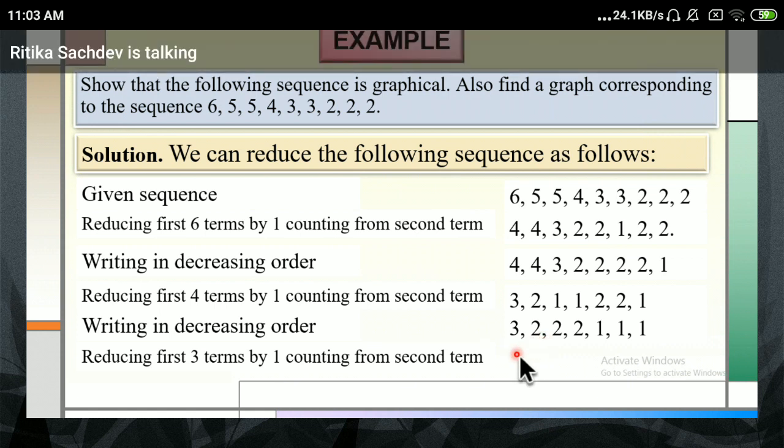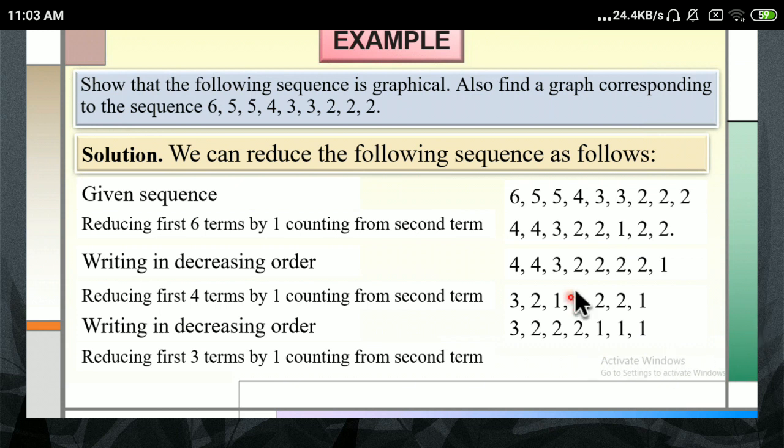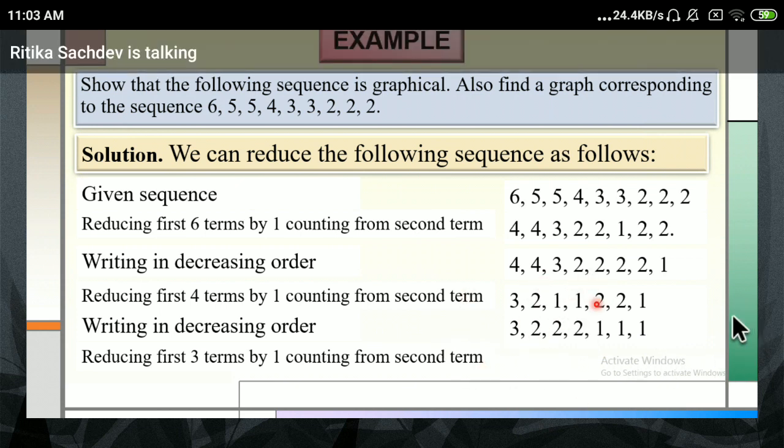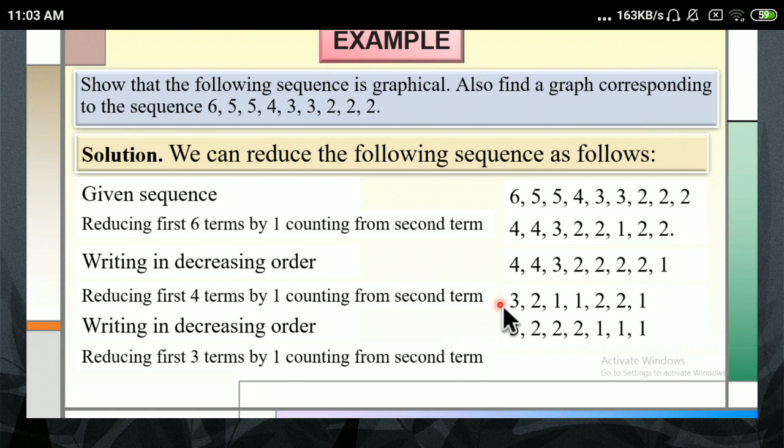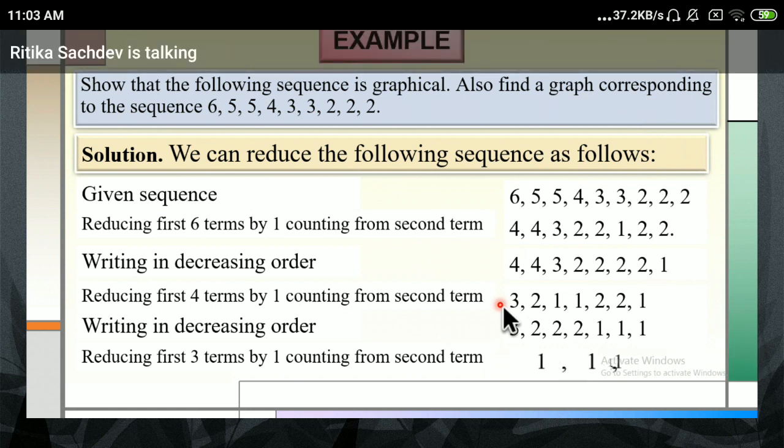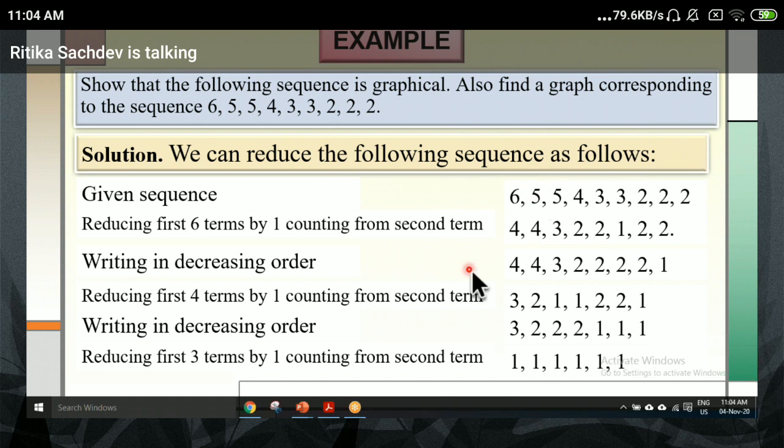Once you have done this, arey baba, don't joke around here. This is a very simple calculation. So we are getting it as 1 1 1 1 1 1.